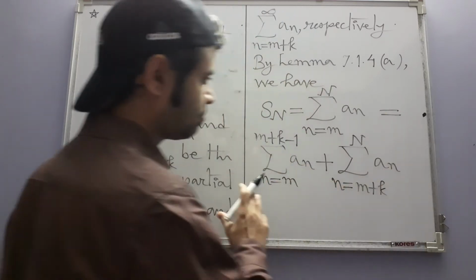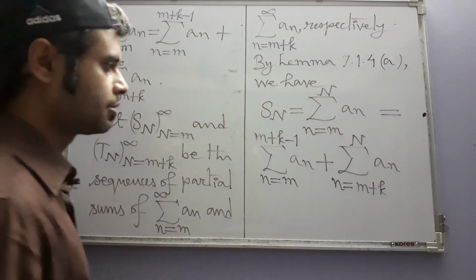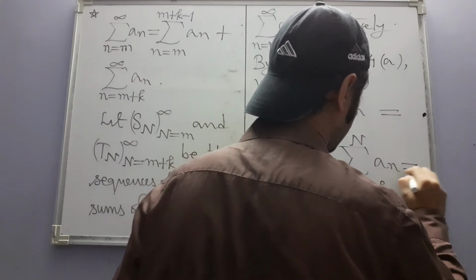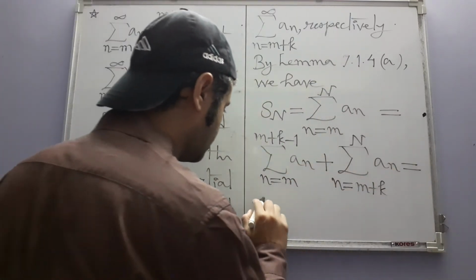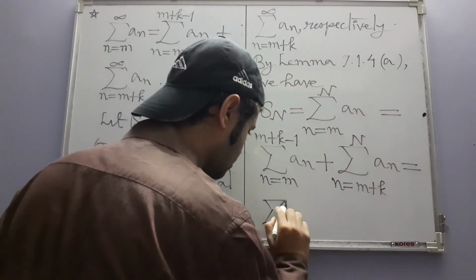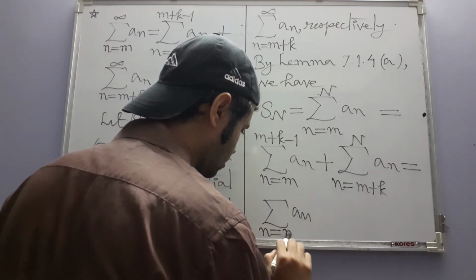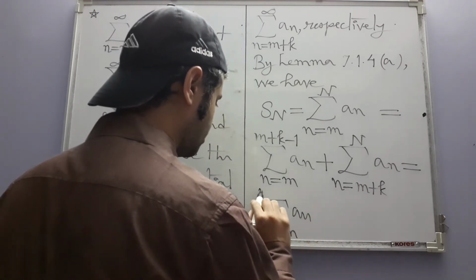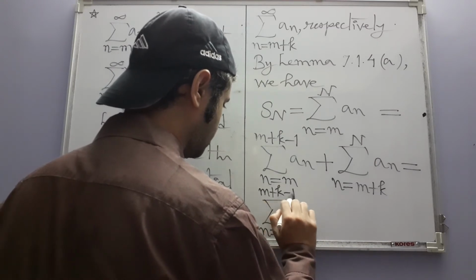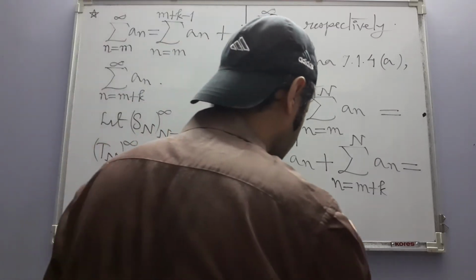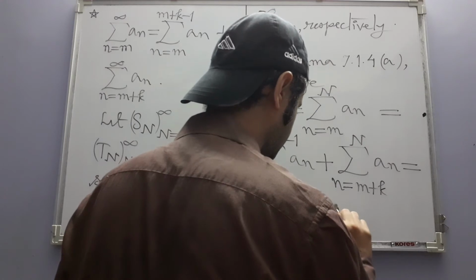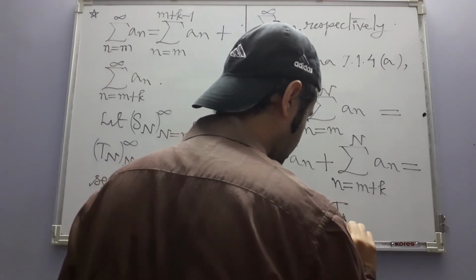We will see if things go wrong, we will adjust things, and that equals summation n varies from m to m plus k minus 1 plus this is Tn.